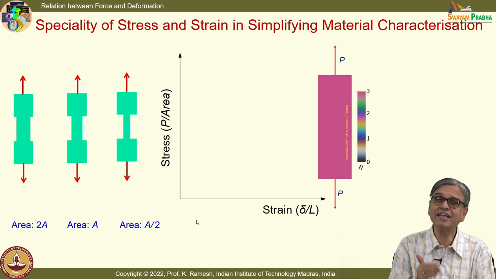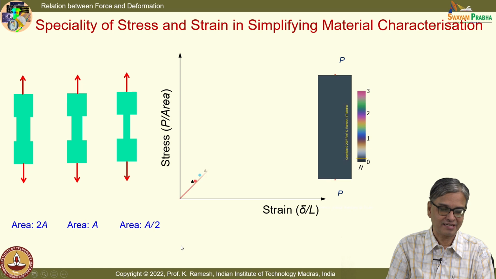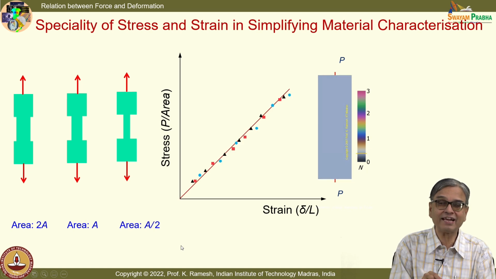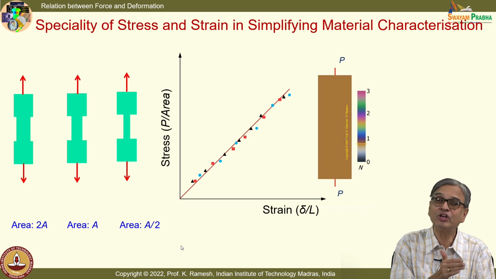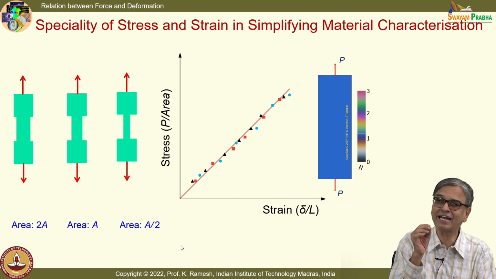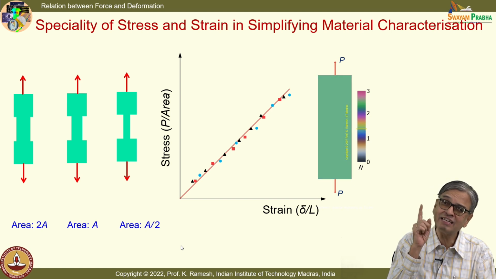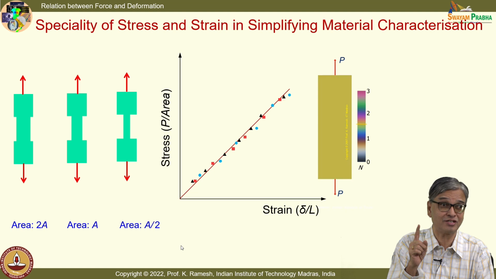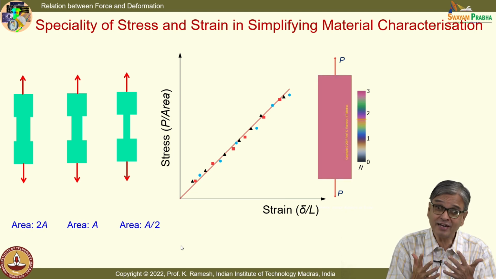What is striking is that the data collected differently in the previous set of graphs all lie on one line. That means to characterize a material, just one experiment is sufficient. It's a very fundamental understanding.